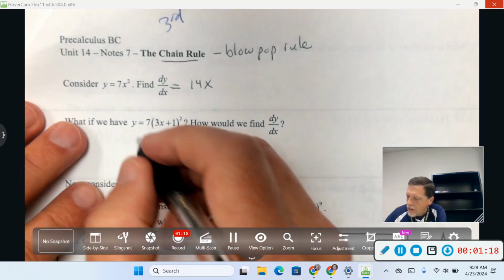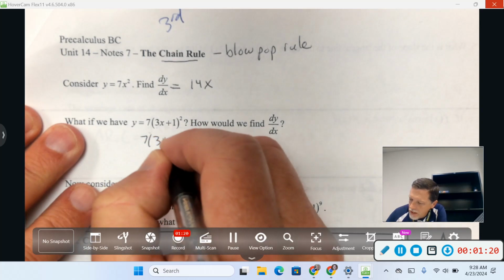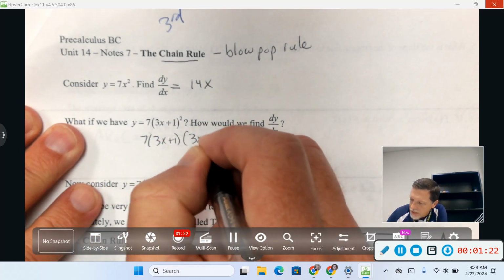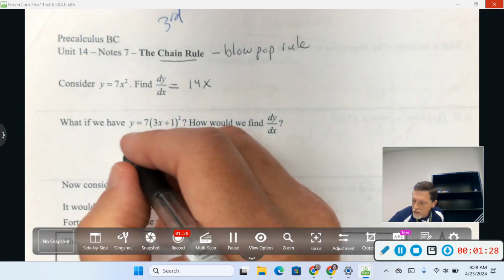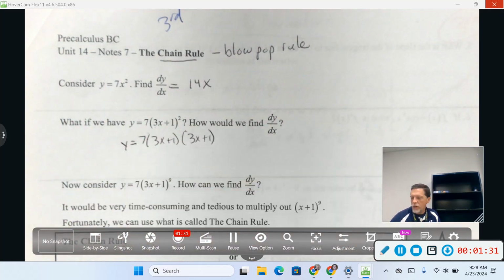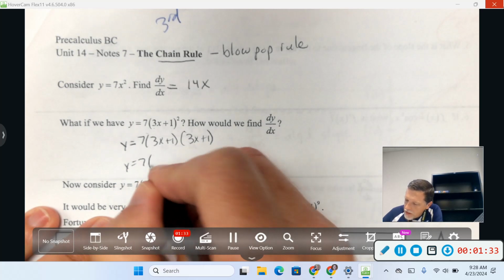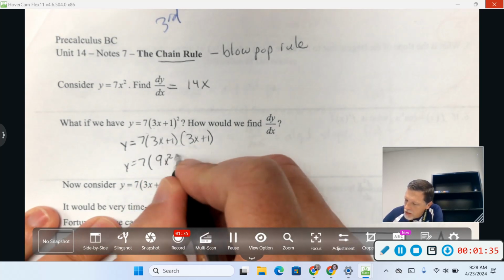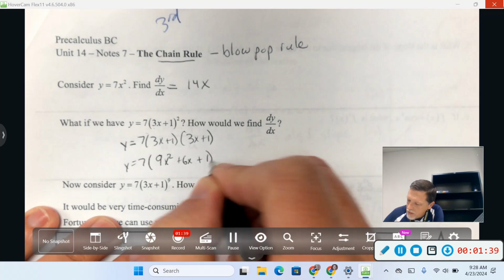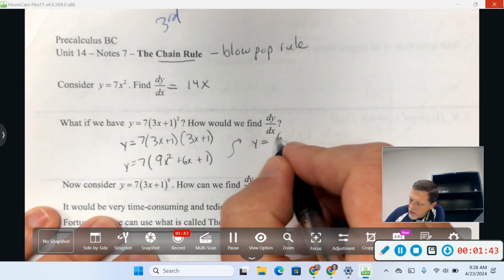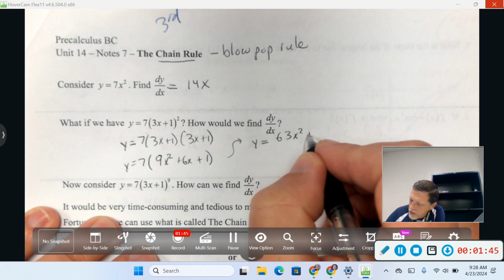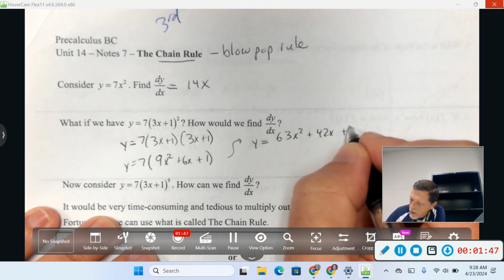So I can't really use that exactly the same way. I think I would have to go longhand here and multiply it all out so that I can get some individual terms and then use the power rule. So let's see here. This isn't terrible. 9x squared plus 6x plus 1. And then distribute the 7. So 63x squared plus 42x plus 7.